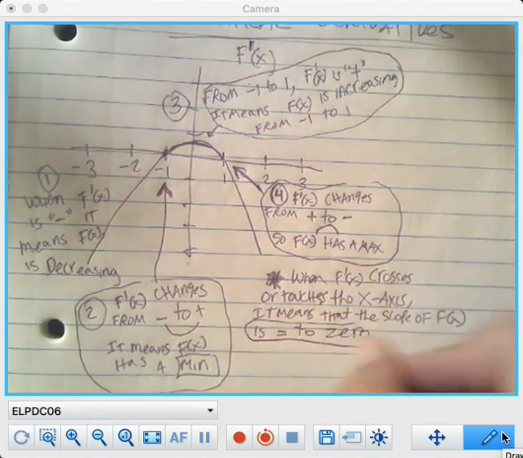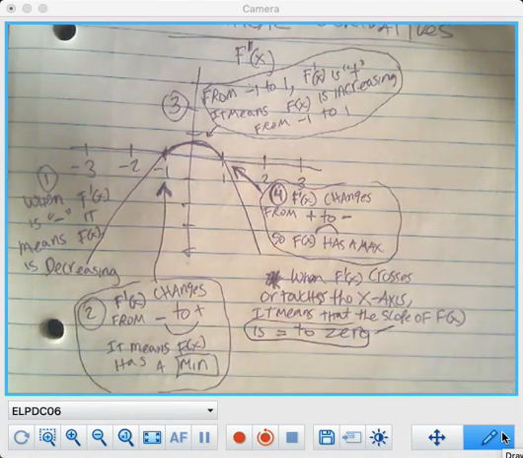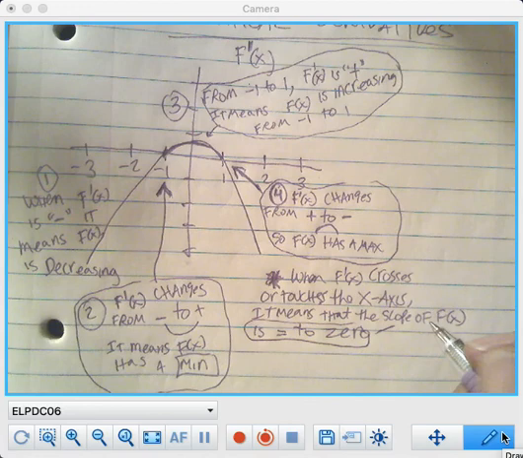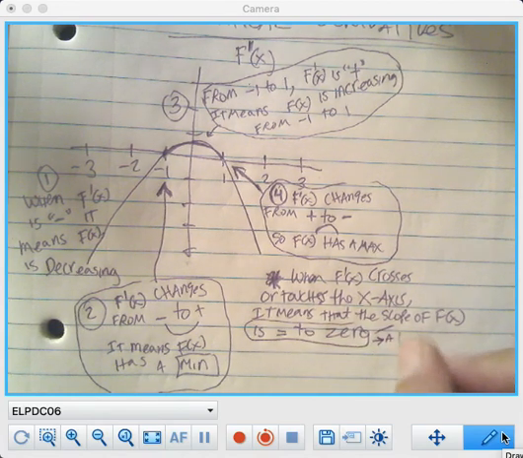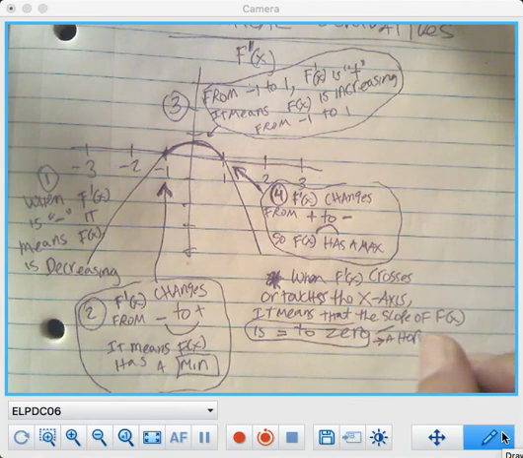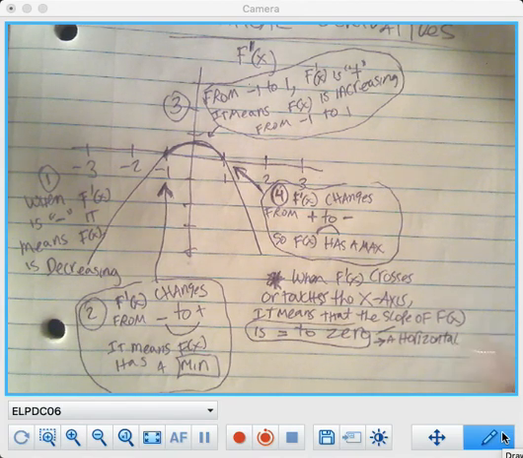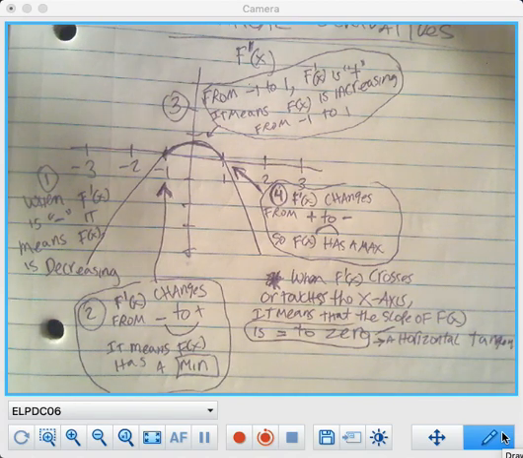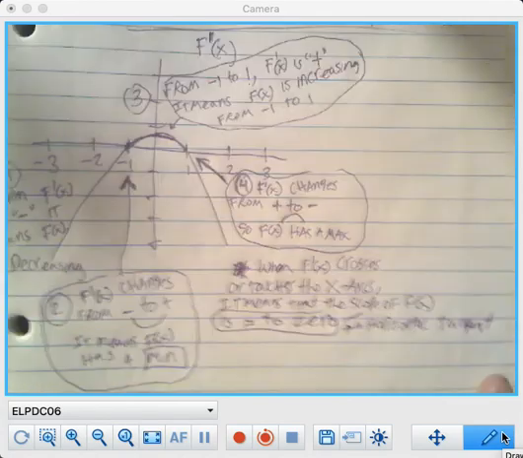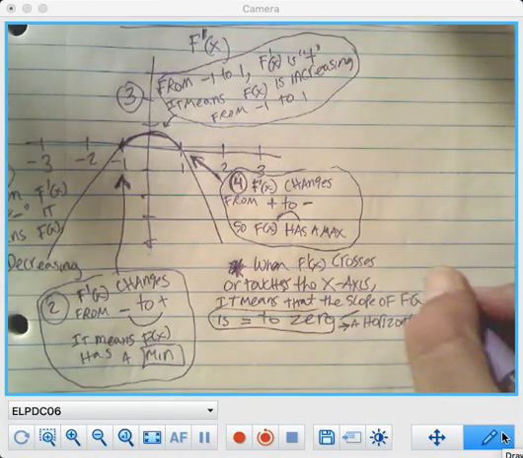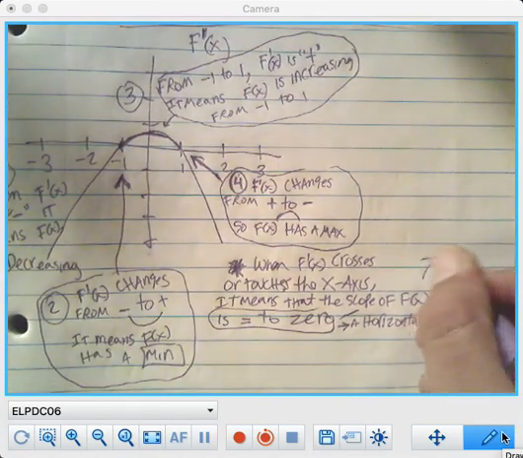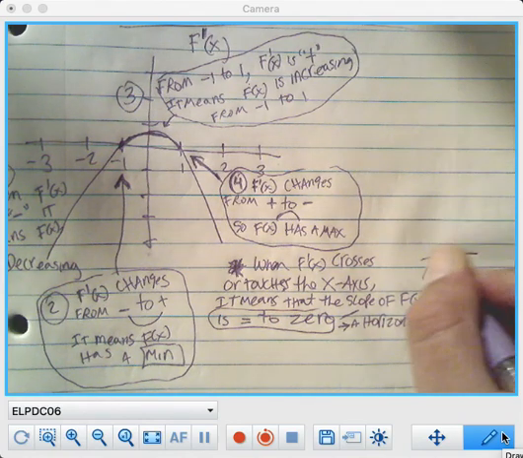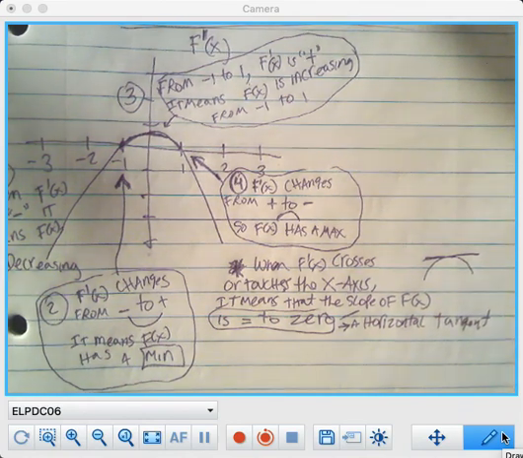The slope is equal to 0, or the same thing as a horizontal tangent. A horizontal tangent. Okay, and then I have a little drawing that looks like this. That would be the horizontal tangent. Cool.